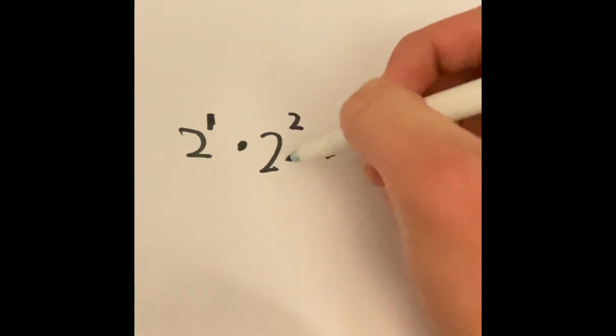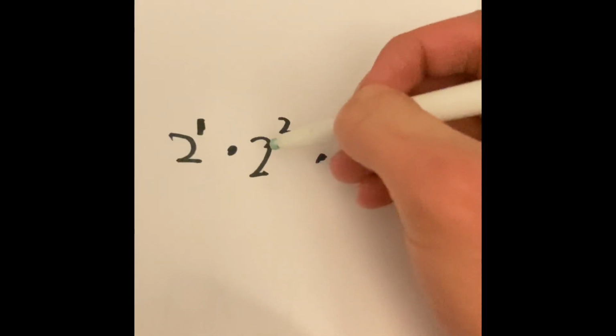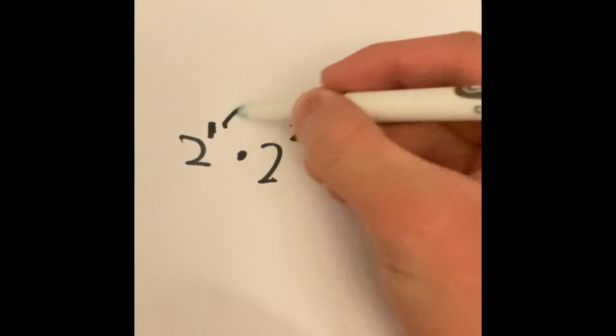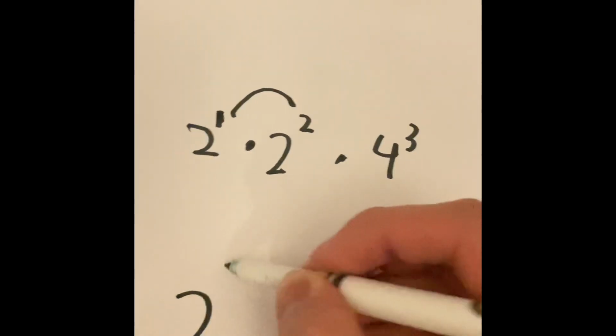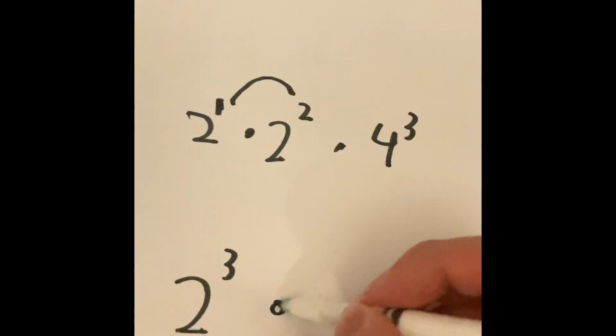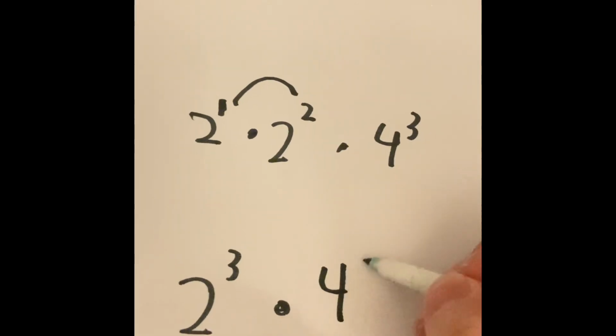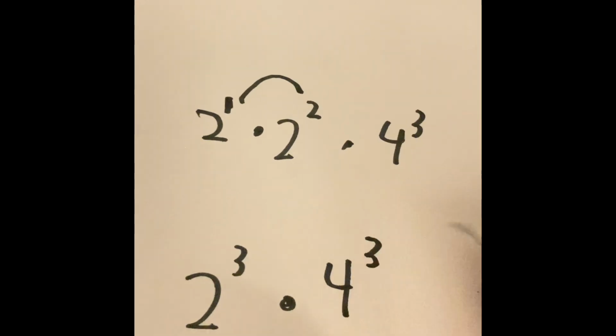Since these 2 have the same base, we can use the product rule and add the exponents together, so we get 2 to the third power. Then we multiply it by 4 to the power of 3.